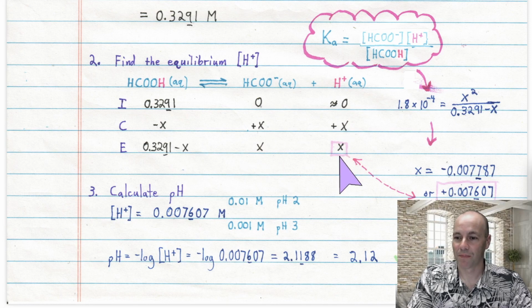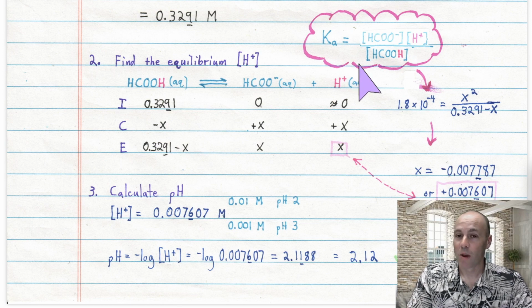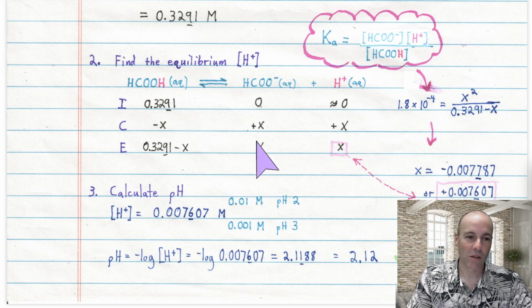Now, with this equilibrium chemical equation, we can write the corresponding equilibrium constant equation. And we're told what the equilibrium constant is, so we plug that in for Ka. And we also have the equilibrium concentrations right here involving x, so we plug those in.